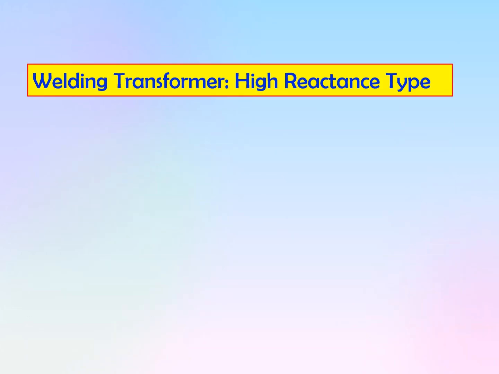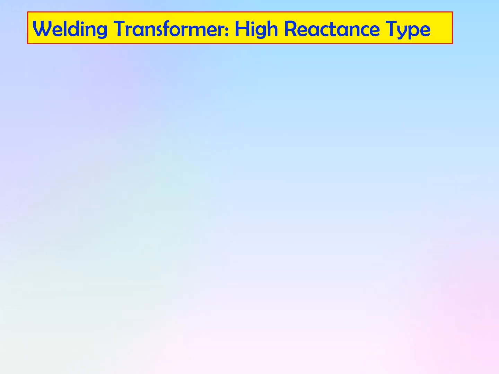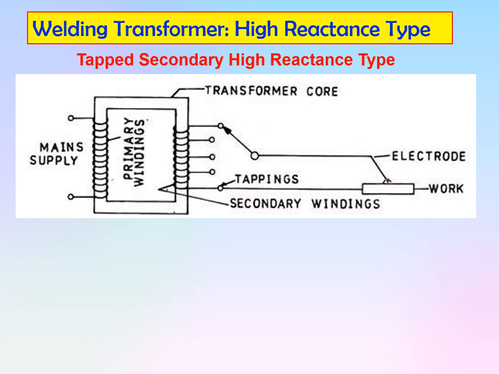In the next type, the high reactance type transformer, the secondary is tapped, so you can see there are tappings on the secondary. The value of the inductance is equal to N square upon S. Here the reluctance is fixed, and as I want to vary the secondary current, I will vary the number of secondary turns, that is N2.